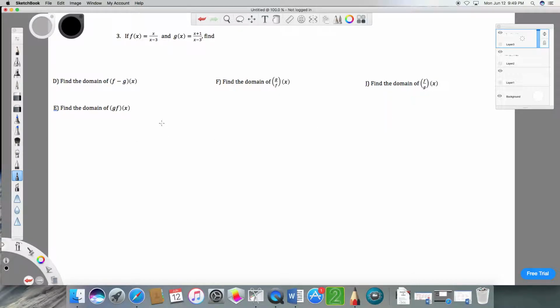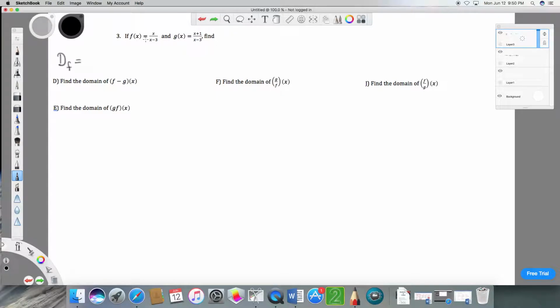All right, so let's begin by finding the domain of f and the domain of g. For the domain of f, the domain is the set of all real numbers, excluding any values that cause division by 0 and excluding any values that cause us to take the square root of a negative number. We don't have any square roots, so we don't have to worry about that.